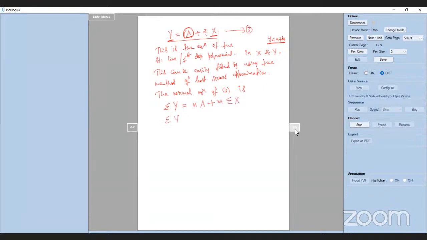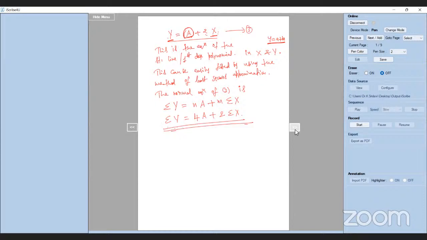So summation capital Y is equal to 4A plus 2 summation X. This is the normal equation for equation 3.